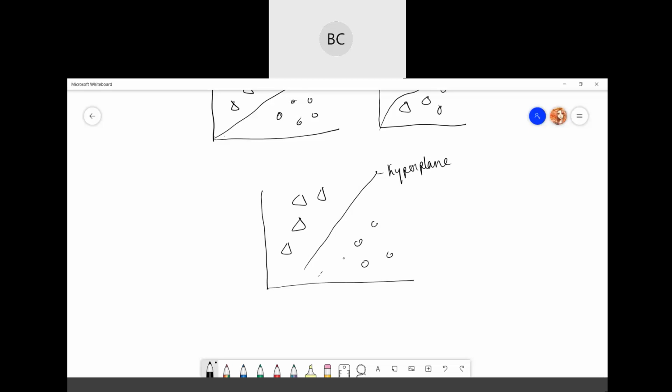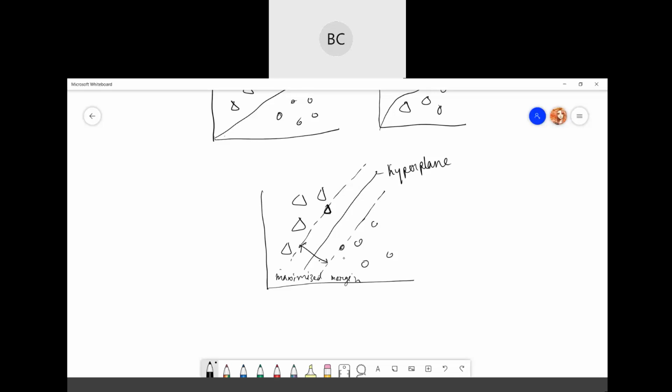So it will also draw a margin that will separate the two classes. The main function is to maximize the margin, and all the data points that lie in that maximized margin are called your support vectors.